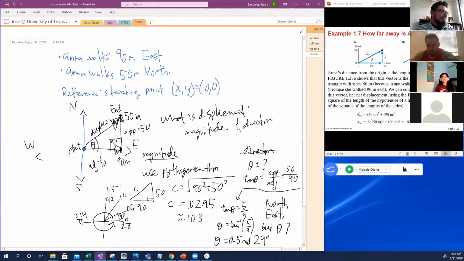But then if we look at significant figures, the number 90 and the number 50 have basically one significant figure. So really, if you round it to 100, that's going to give you a slightly different number. And I think that's why we have a discrepancy. Maybe. At least with the magnitude, we got a number that's pretty much the right answer.